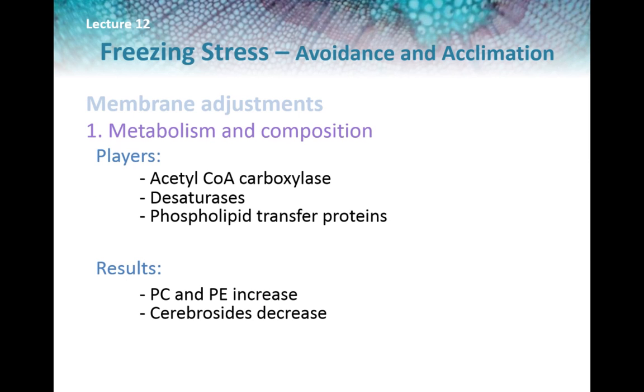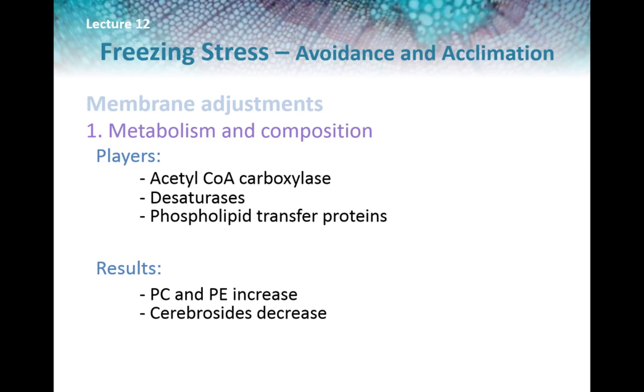Acclimation involves changes in membrane metabolism that alter membrane properties. Proteins that alter lipid metabolism include acetyl-CoA carboxylase, which catalyzes the first step in fatty acid synthesis, desaturases that add double bonds to maintain fluidity at lower temperatures, and phospholipid transfer proteins that have roles in trafficking between organelles.